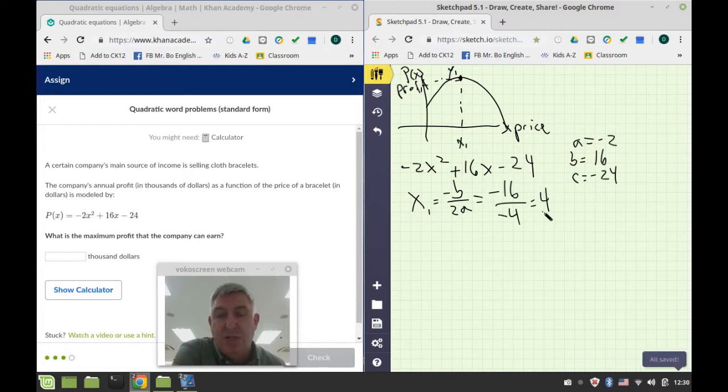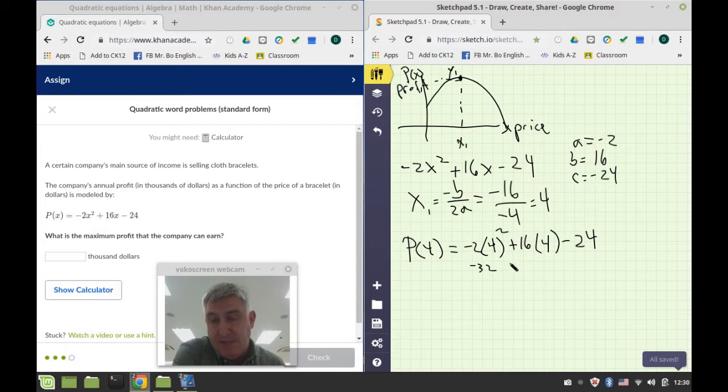So x1 is 4, and so we need to find p of 4, which is negative 2 times 4 squared plus 16 times 4 minus 24. And then this is 16, negative 32 plus 64 minus 24.